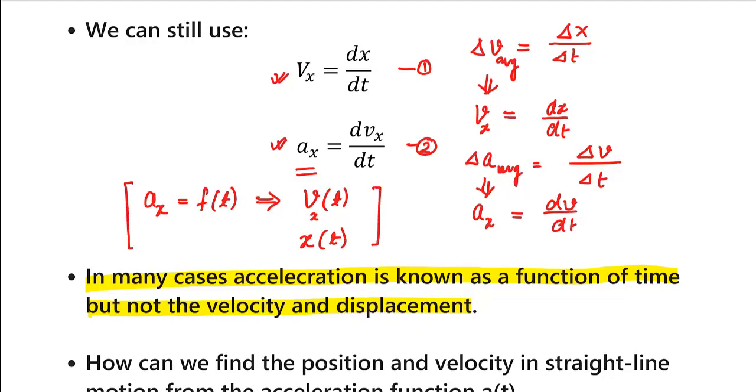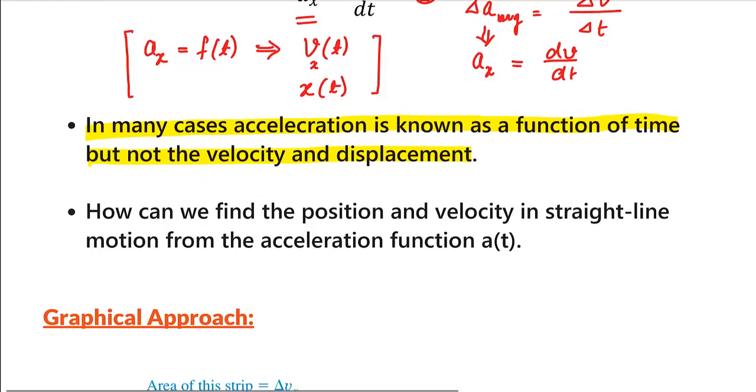So my acceleration is known as a function of time, and I want to calculate velocity and position as a function of time. The question is, how can we find position and velocity in a straight line motion from the acceleration function, that is at? It can be any kind of function.